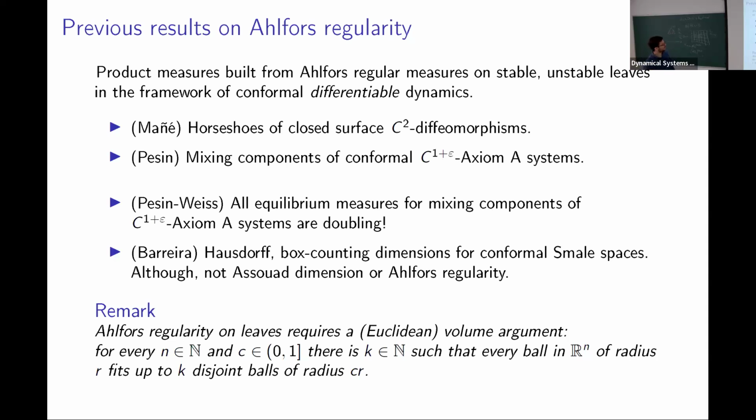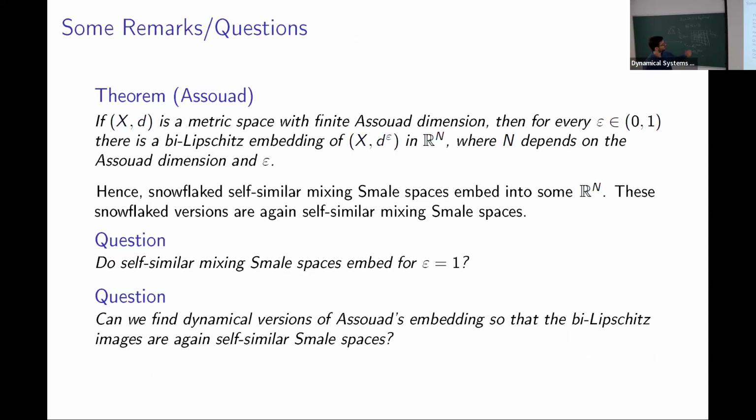And in the last 10 minutes, here I have a question. So now we know that the Assouad dimension for self-similar Smale spaces is finite.